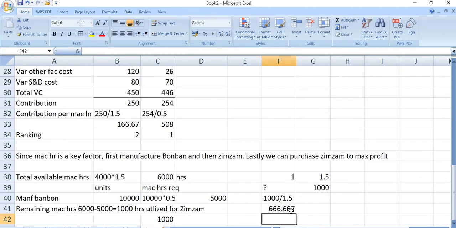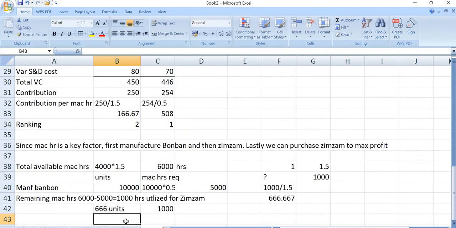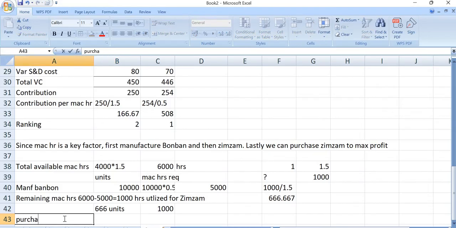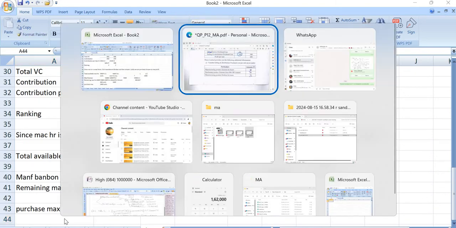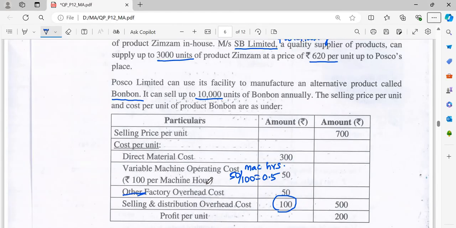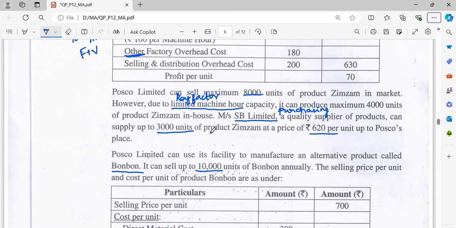Let us assume we can produce only 666 because there is a shortfall of 0.34. Even if you calculate it as 667, it is fine, it won't make any issue. So I can purchase a maximum of 3,000 units, right? Because my demand for Zimzam is already high, so I can purchase the maximum units from the supplier, limited.